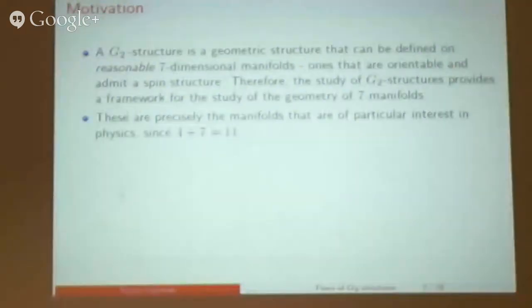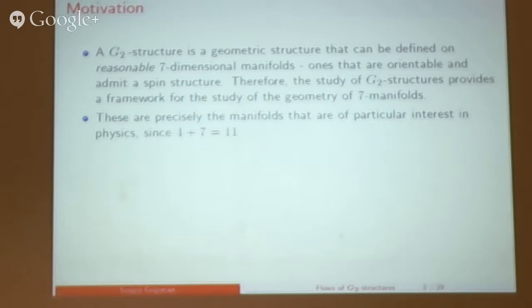But we can only see 4 dimensions, so the remaining 7 dimensions should be some smaller space which should satisfy certain properties. Physicists require the 7-dimensional space to be orientable, and we also need to have spinors, so the space needs to have a spin structure. I'm not going to say in detail what that is.